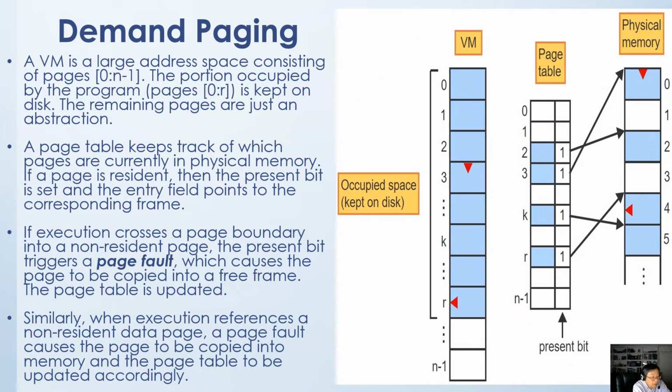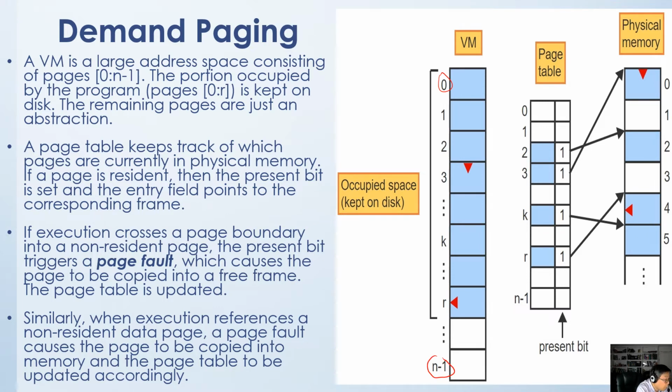Okay, so let's summarize what we discussed in the previous slide. Now we learned that a virtual memory can be bigger than the physical memory. Okay, so let's say the virtual memory consists of n pages from page 0 to page n-1, right?